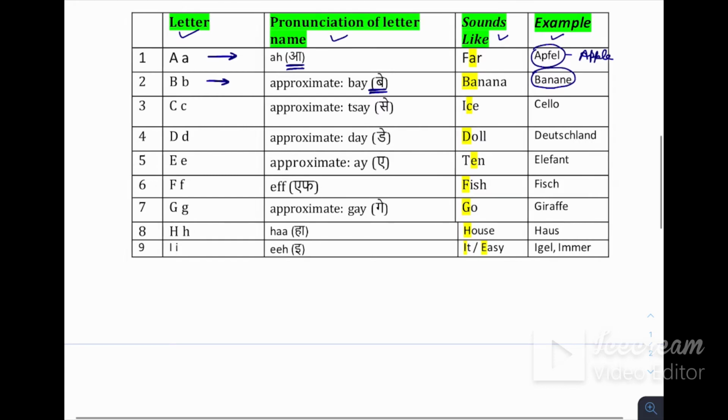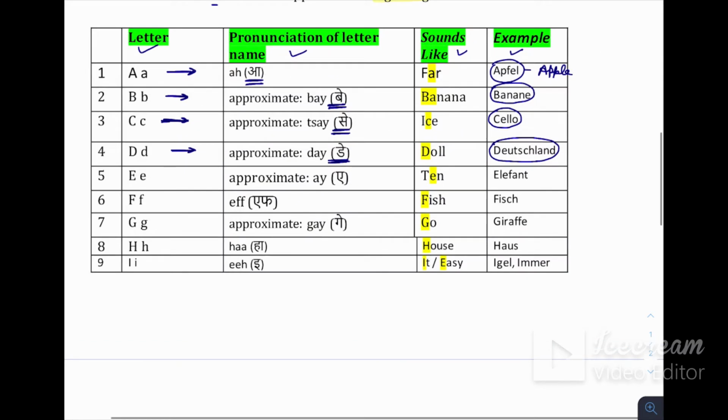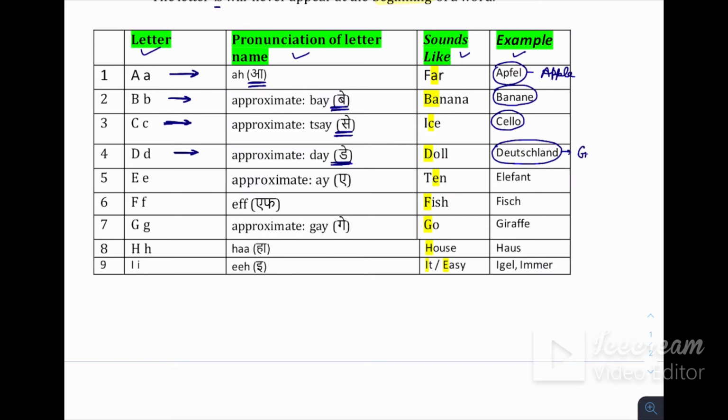And how does C sound? Say, like Cello. D is day. Day, as in Deutschland. Deutschland means Germany.